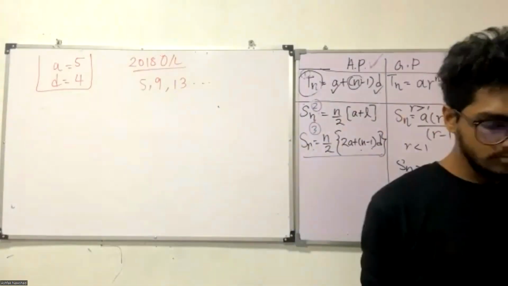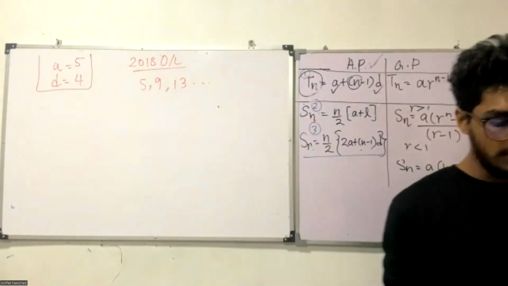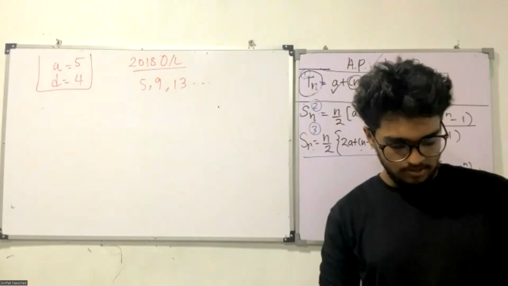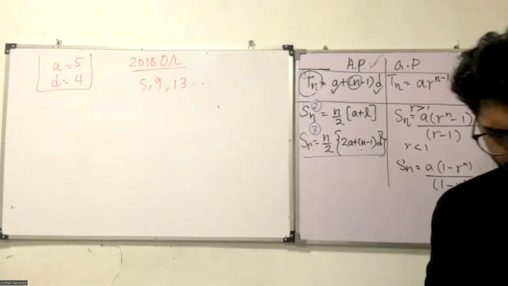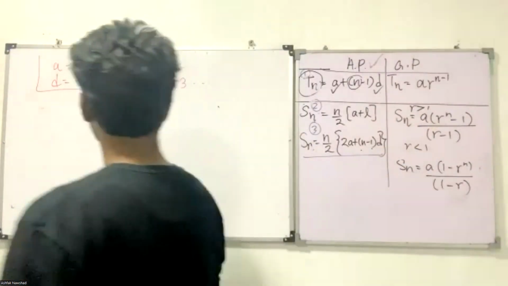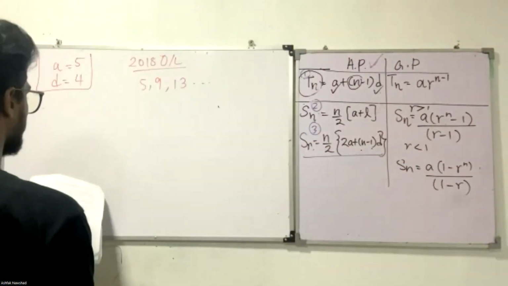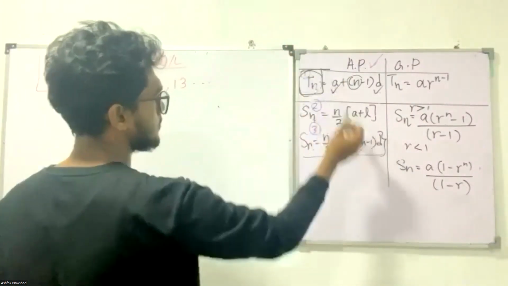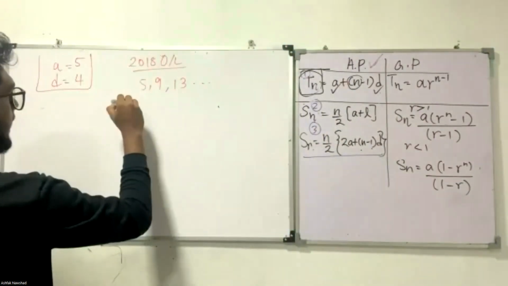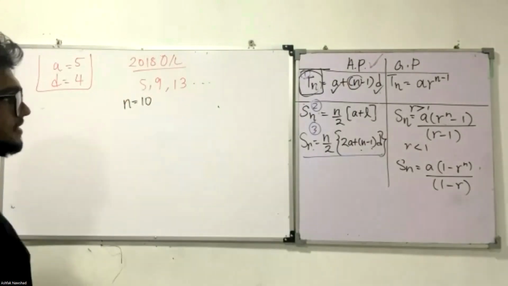Now, they are asking how many bulbs are there in the 10th circle. Yes, your answer is correct, that's 41. You definitely have to use Tn. n is 10 here in the 10th circle.